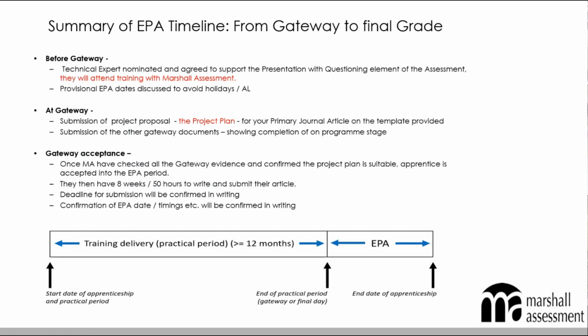So again, just a little bit of a summary around the timeline. If we have a look at this infographic that I showed you at the start, what we need to do before we get to Gateway is nominate a technical expert. That's somebody from your place of work who can help with that first assessment hurdle.